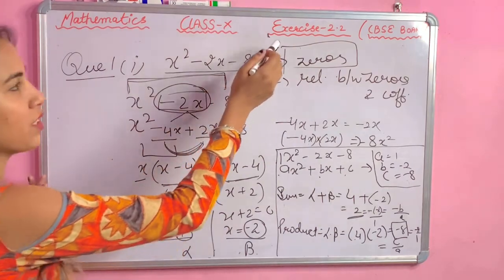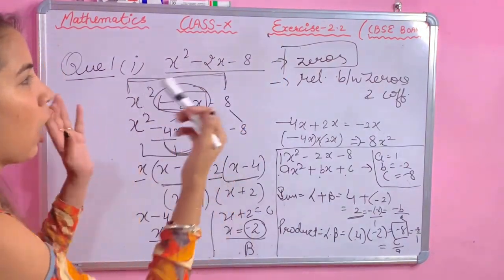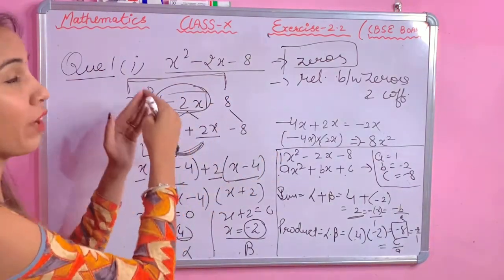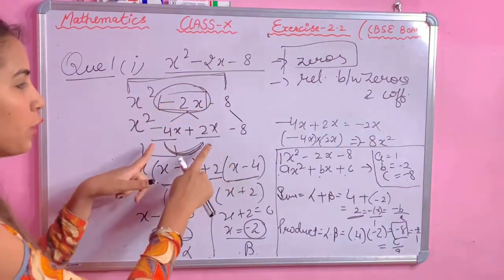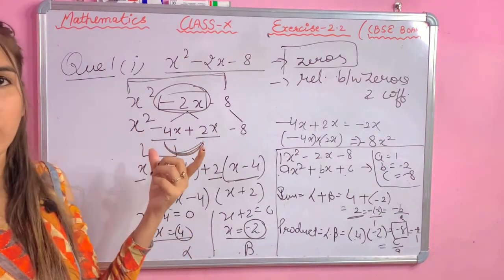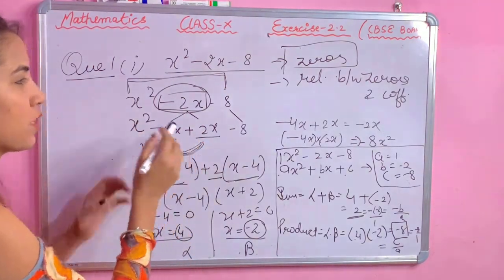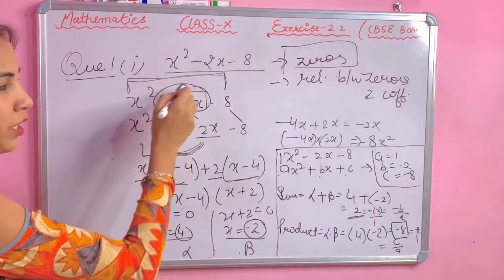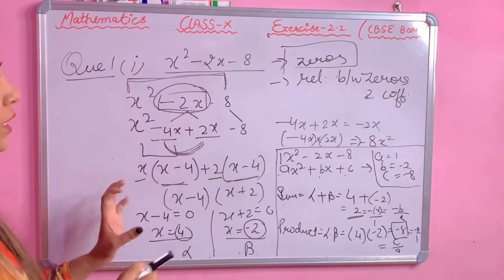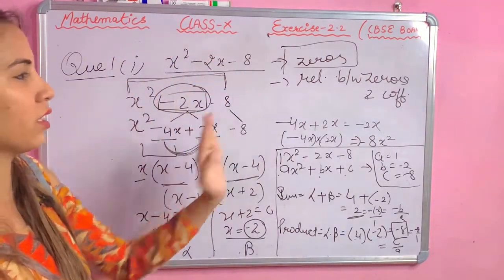Firstly we have to find the zeros. I am explaining again how we can find the zeros. First term as it is, last term as it is. We have to divide the middle term into two parts such that the addition or subtraction of these two terms gives the middle term, and the multiplication of these two terms will be the multiplication of the first and the third term.